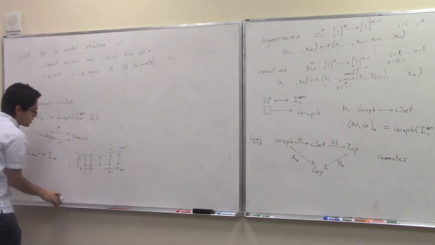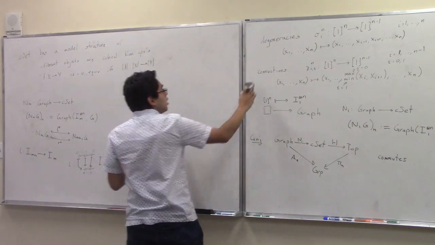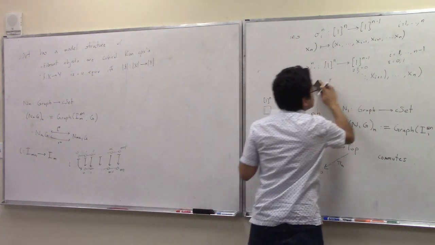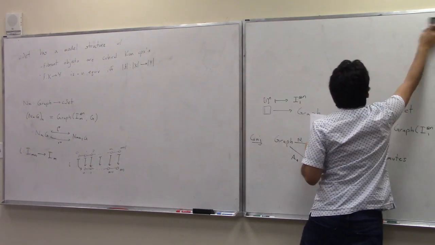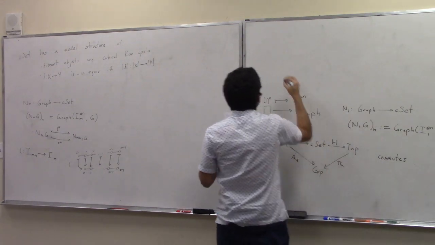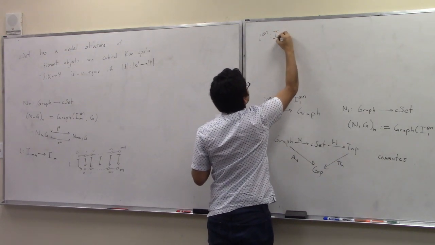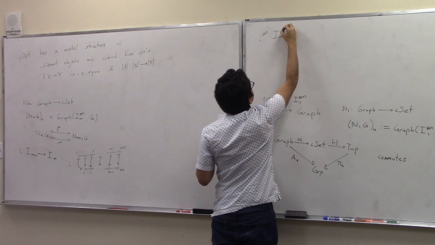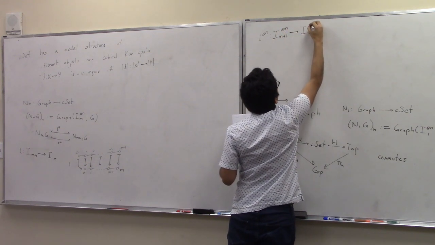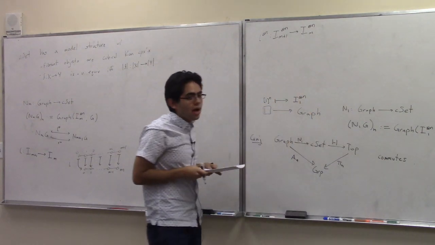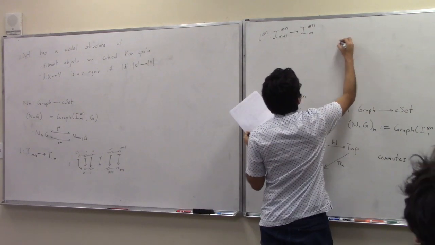Okay, but when I have this map, I can tensor this map with itself, of course. And this will give me a map from Im plus 1 to the tensor power of n to Im to the tensor power of n. And now with this map, I get an induced map by precomposition.